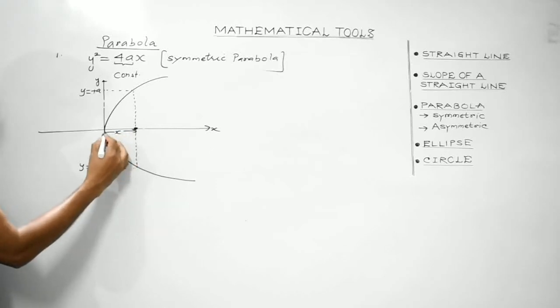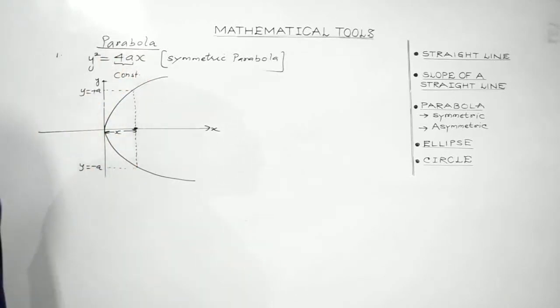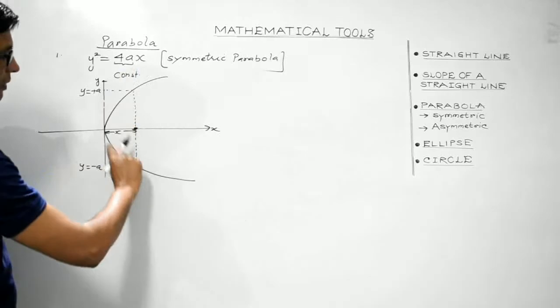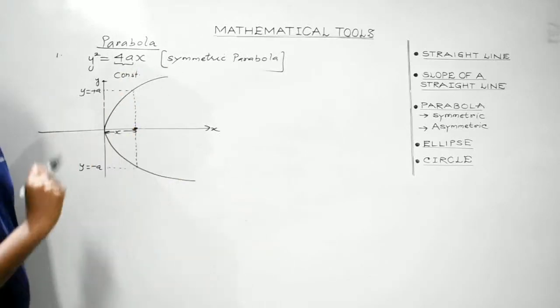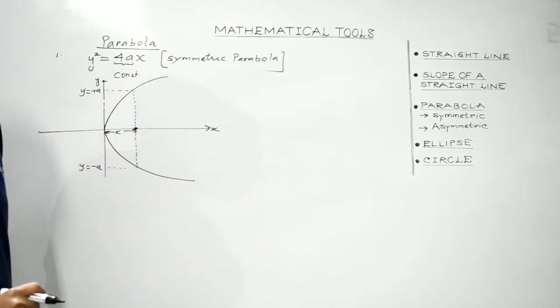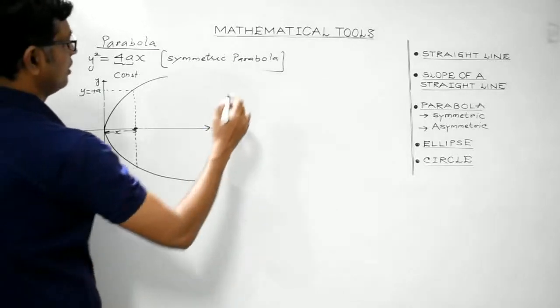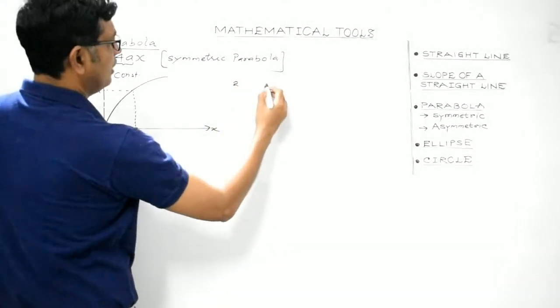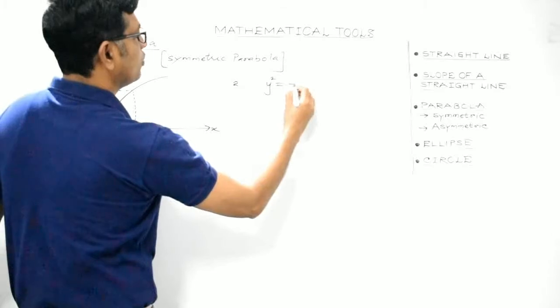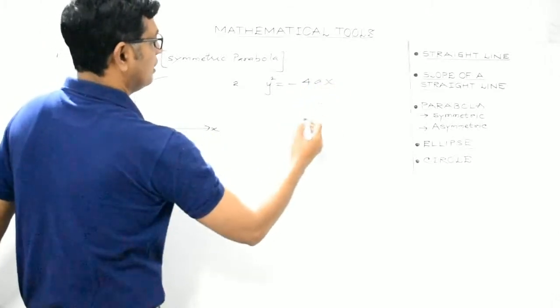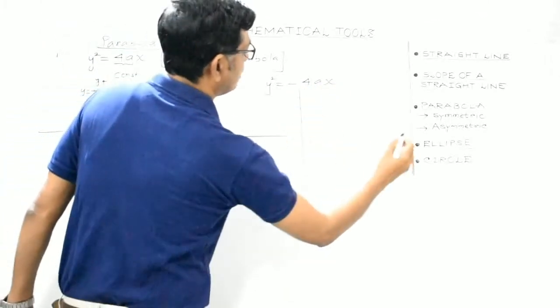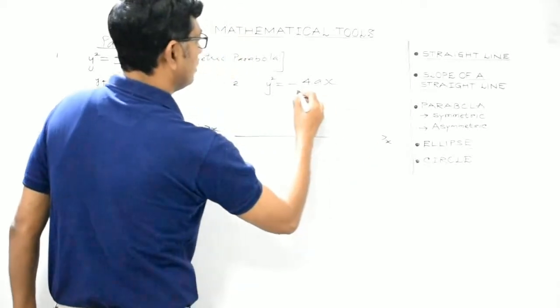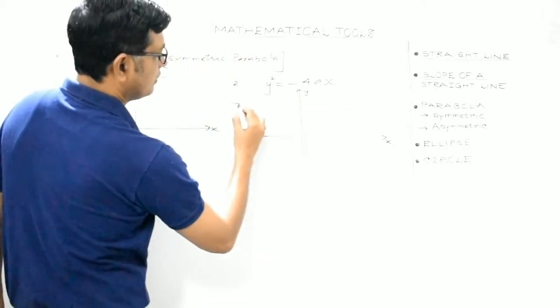So that's a symmetric parabola. It will be like this, passing through the origin, as shown in the figure. Right? So, second case. In case it is y squared equals minus 4ax, then the graph will change. It will be like this.